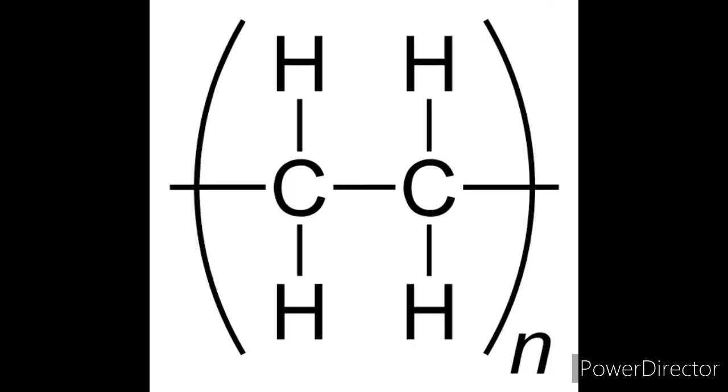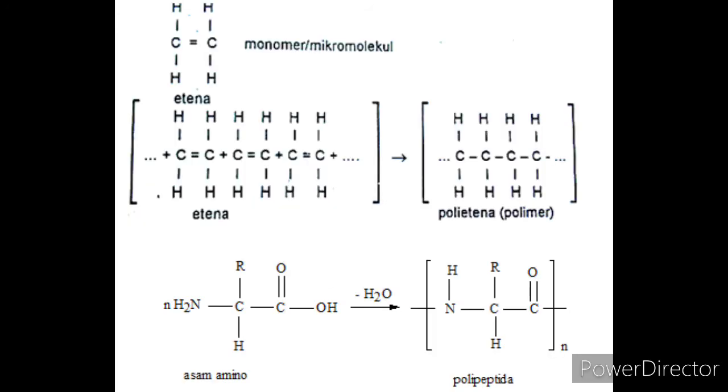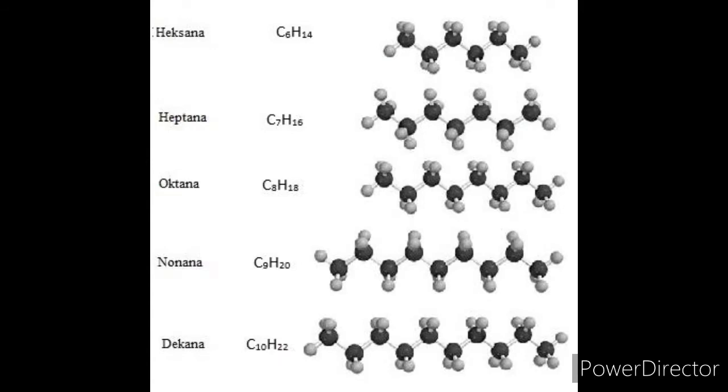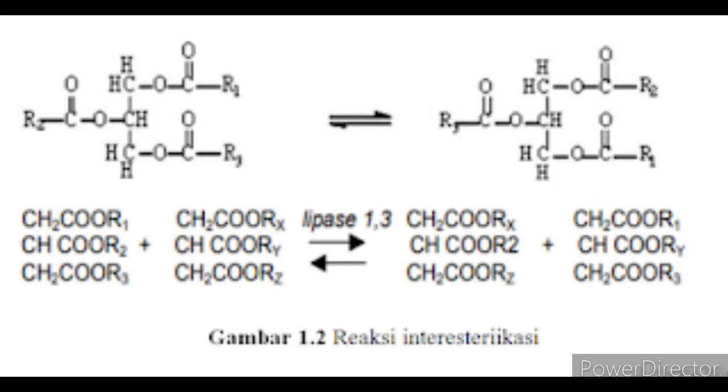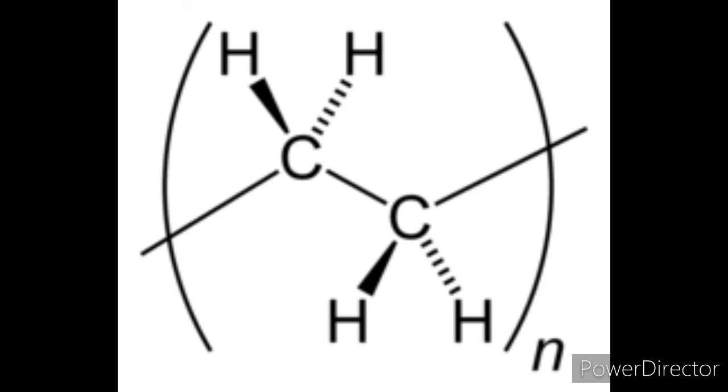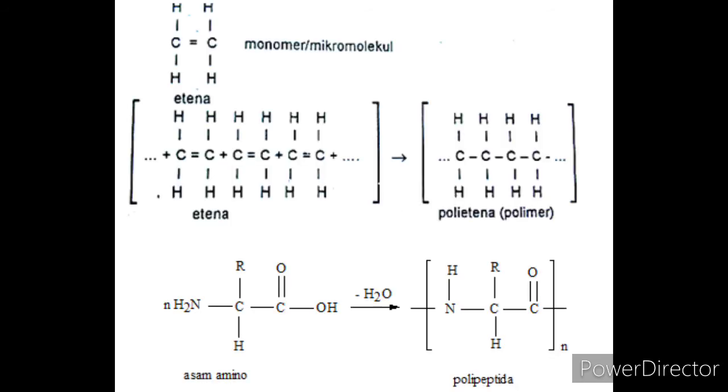Research to modify the structure of LLDPE by means of oxidation, photooxidation, copolymerization, and blending has been carried out, and the result has been found that there are functional groups that can be further oxidized and hydrolyzed.